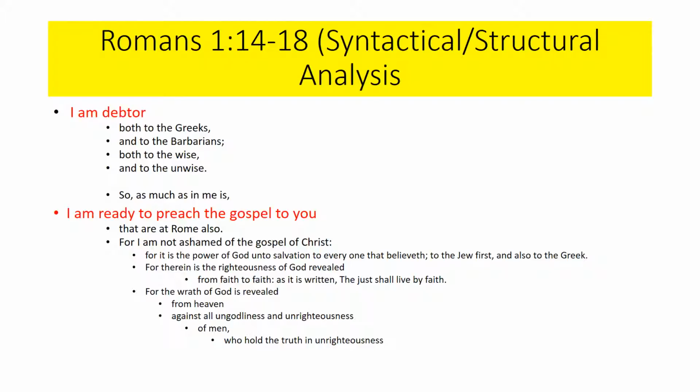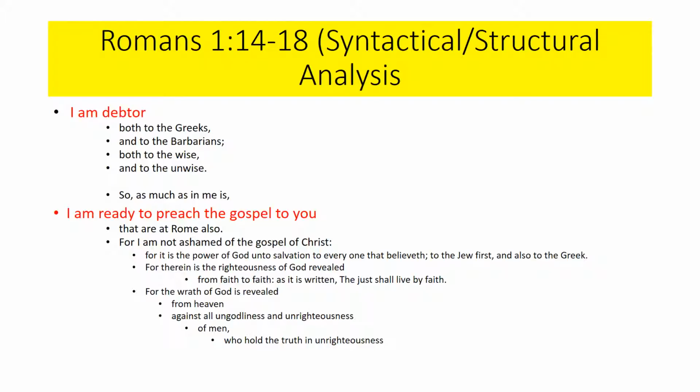So what I want you to see in this brief structural analysis is Paul has explained why in these clauses. So if you were going to teach this, you would teach that Paul's ready to preach because he's not ashamed. And the reason he's not ashamed is three reasons.